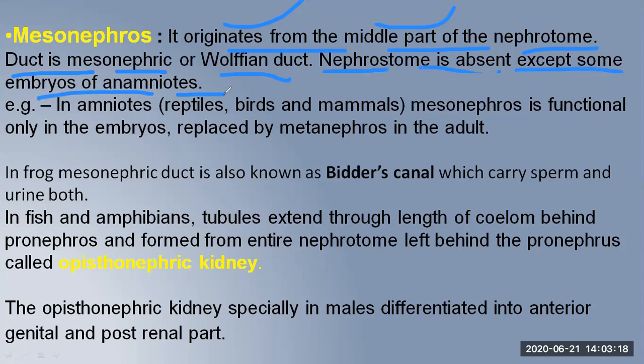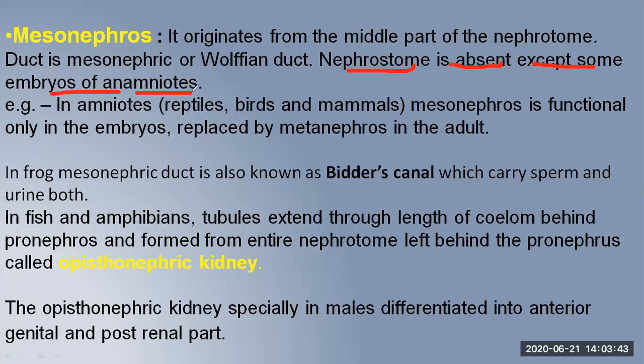I had already told you nephrostomes are found only in the archinephros as well as the pronephros kidney. They are not present in the mesonephros as well as the metanephros kidney. So if you read this statement, you can easily understand: the nephrostome is absent except in some embryos of anamniotes.